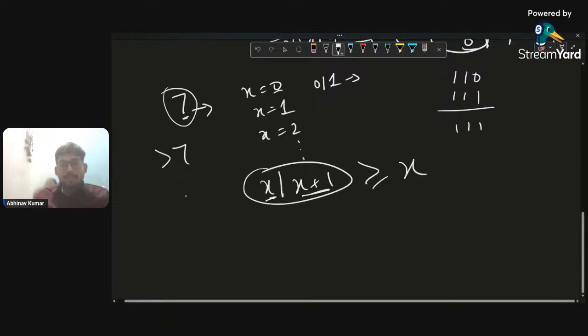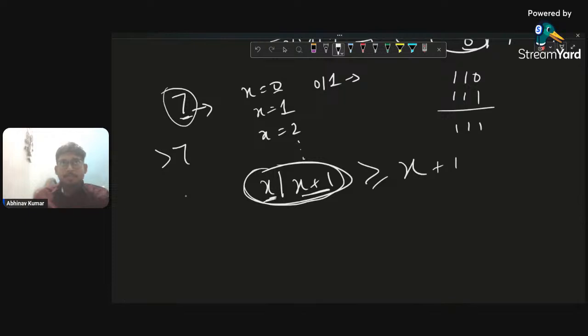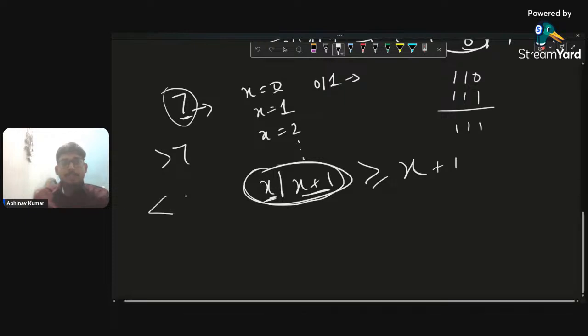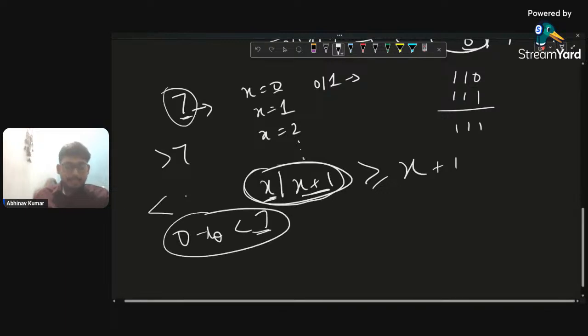So if you know the property of OR, the result is greater than or equal to both the numbers, so it's greater than or equal to x + 1. So if we have a number 7 and we take any number greater than 7, we are not going to obtain 7 from that. So our x is going to be in the range from 0 to less than 7 only. That's the only range that we need to check. If we don't get something in that range, then we can say that we would print -1.